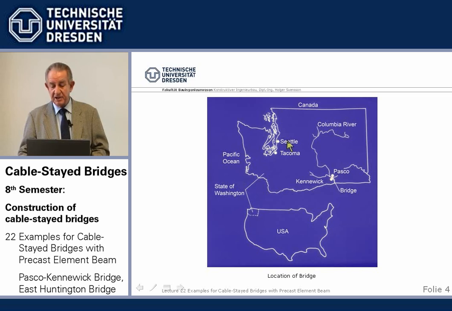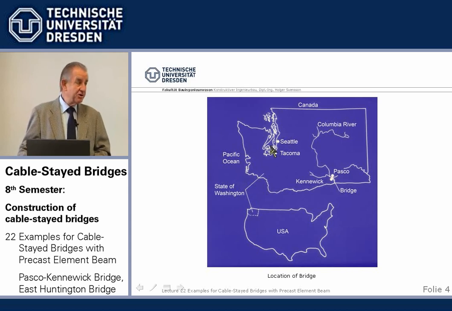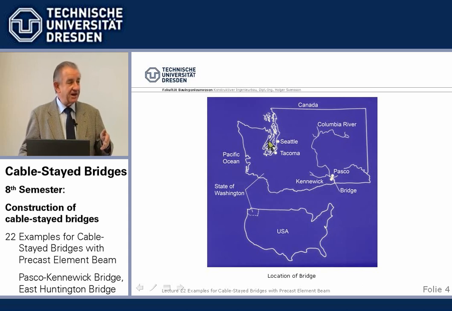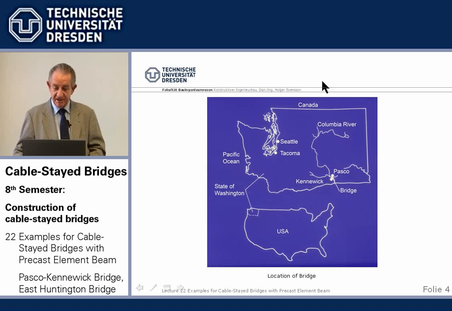And by the way, here we see Seattle, and here's Tacoma. As you should maybe remember, I've shown you in the dynamic lecture the movie where the Tacoma Bridge is destroyed by wind, and that is here. Tacoma is rather close.